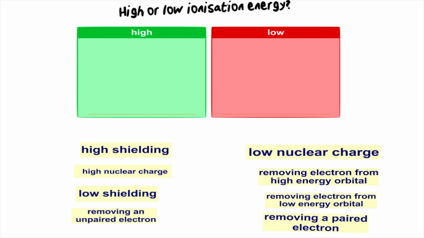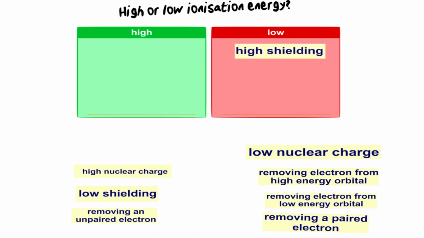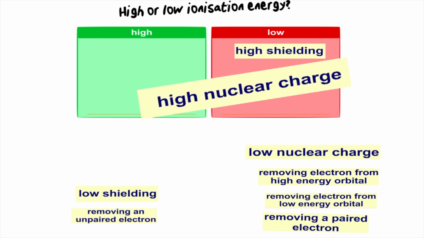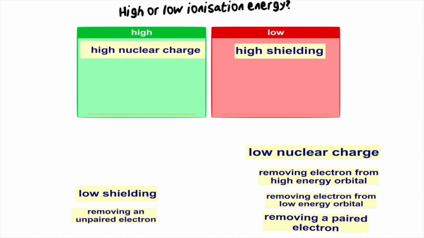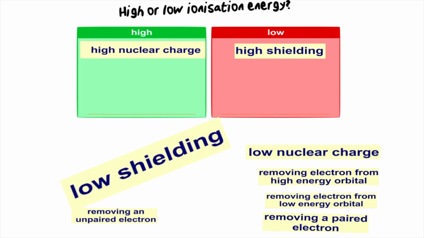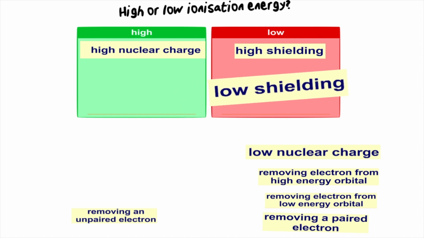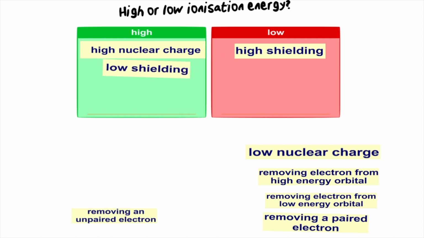Let's start with high shielding. The greater the shielding, the greater the blockage of the nuclear charge, so that would lower ionization energy. The opposite applies to high nuclear charge, because that would pull electrons and increase ionization energy. Low shielding is opposite to high shielding, so it will have the opposite effect.